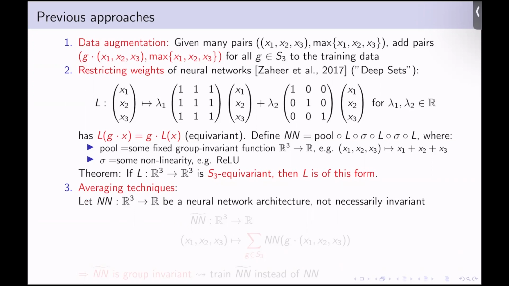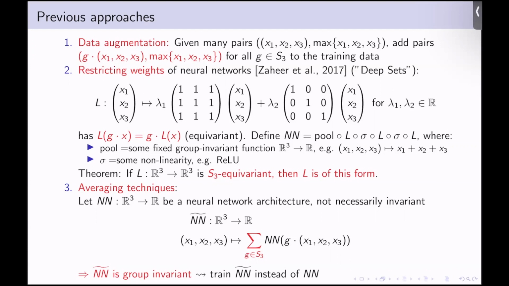You start with some neural network, not necessarily group invariant, and then you define the following: NN twiddle, which takes some vector x1, x2, x3, and sends it to the sum over all group elements of NN applied to all translates. So we take one vector and map it to the sum of 6 numbers. And the result is then group invariant, no matter if NN was group invariant or not.